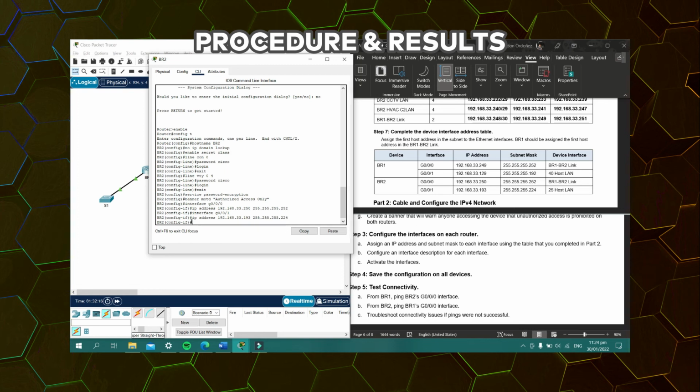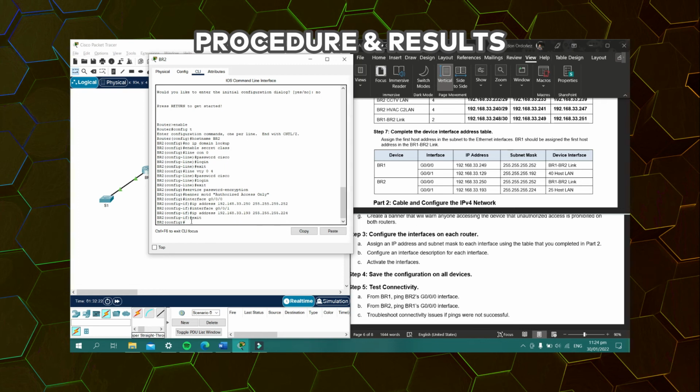So after that, let's see, configure your interface description.